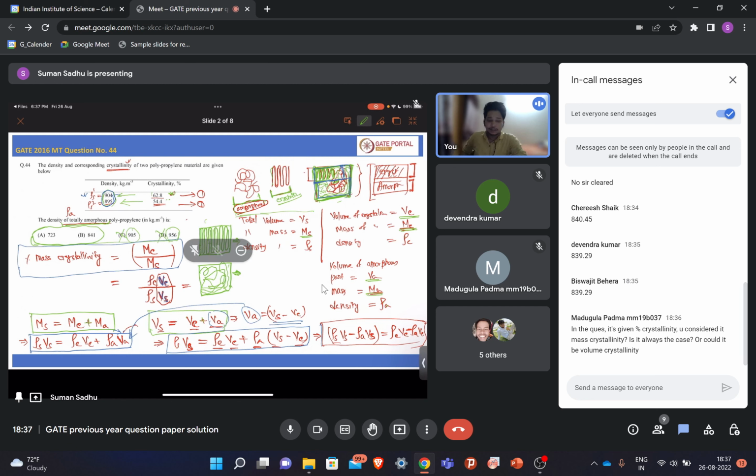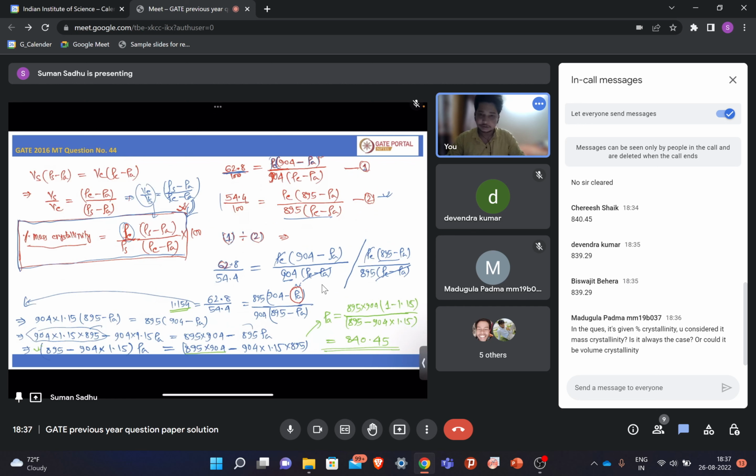But in another question, it may happen that the crystallinity percentage is given, and in place of density, the mass or the volume is given. But always the definition of crystallinity is percentage in terms of the mass crystallinity. That is the mass of the crystalline part divided by the mass of the total sample. So that's why it is considered as mass crystallinity, and then we have derived this from that.